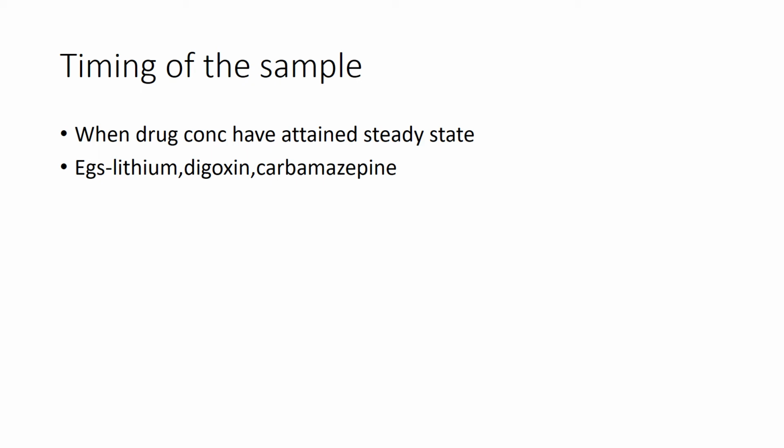Examples are lithium, where a 12-hour sample gives the most precise guide to dosage adjustment, and digoxin, where the measurement must be made at least 6 hours after a dose to avoid inappropriately high levels, as digoxin requires 6 hours for redistribution to occur. Another example is carbamazepine. Its half-life may be as long as 48 hours following a single dose.